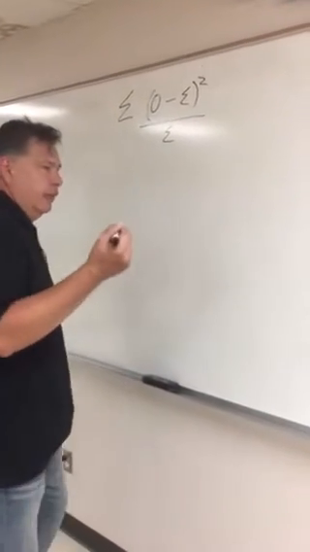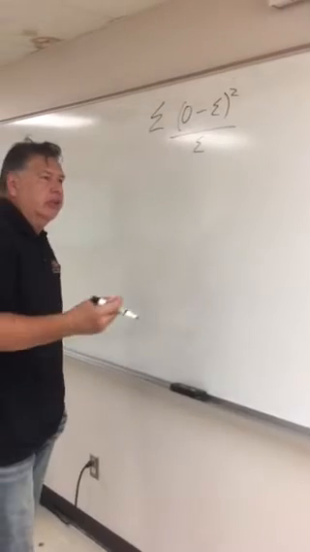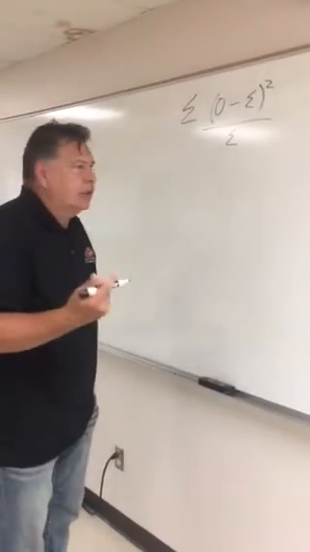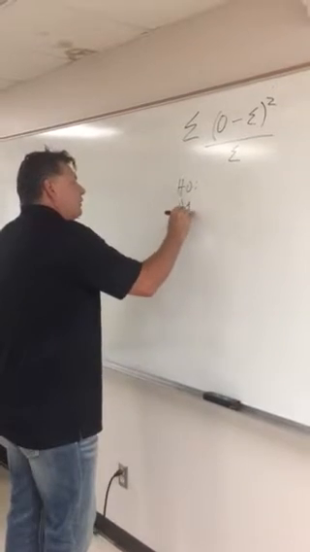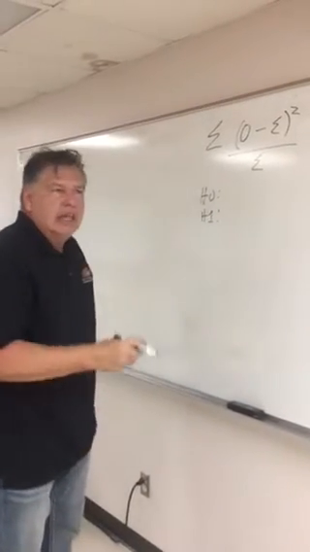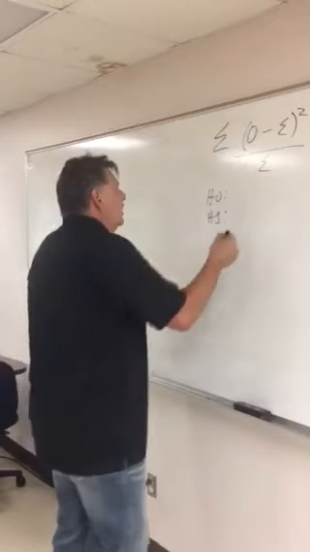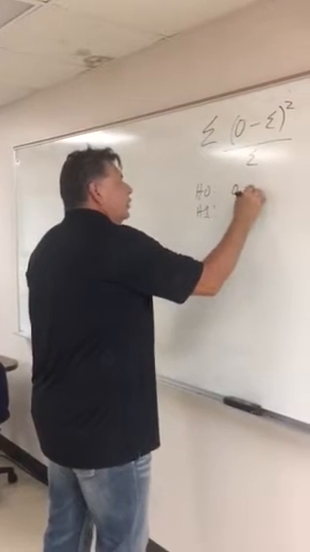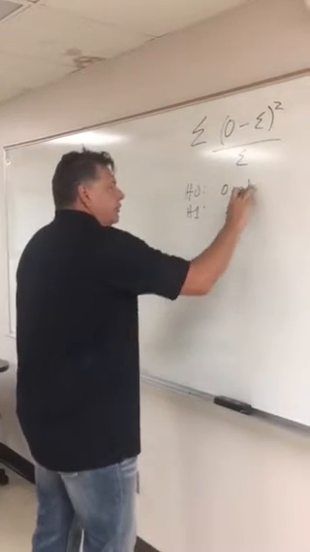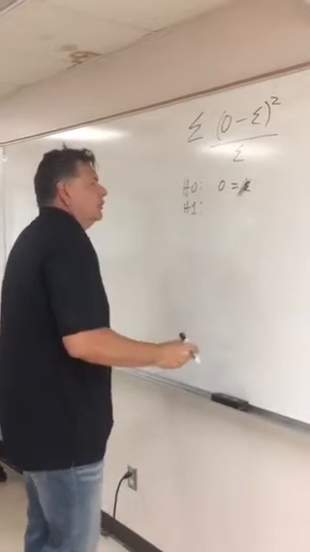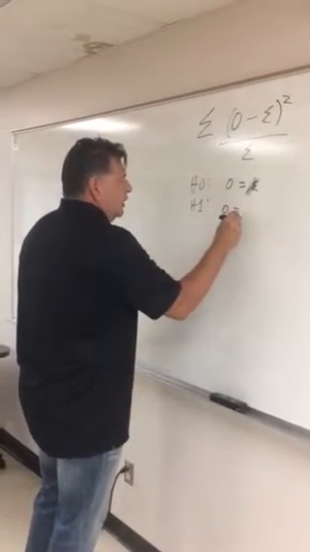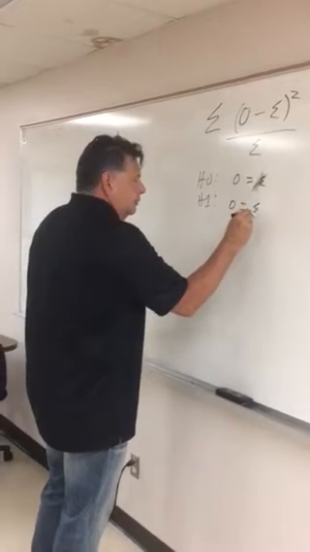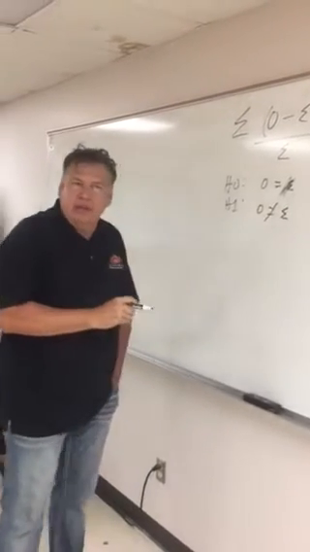So let's come up with a scenario. I'm going to have a null and an alternative hypothesis. The null says that observed values are going to equal expected values. The alternative says that observed values are not going to equal expected values.